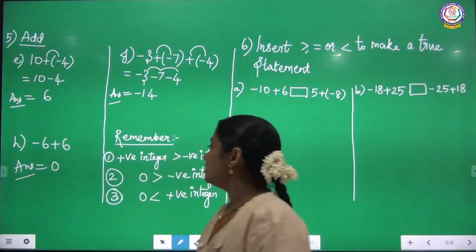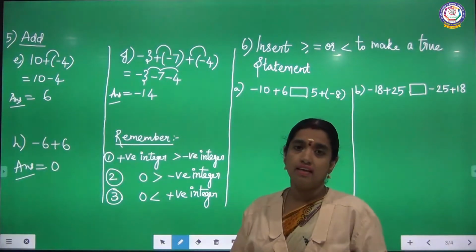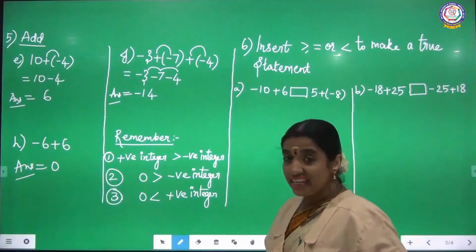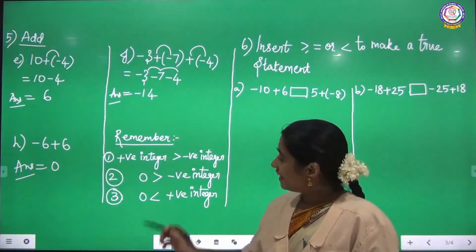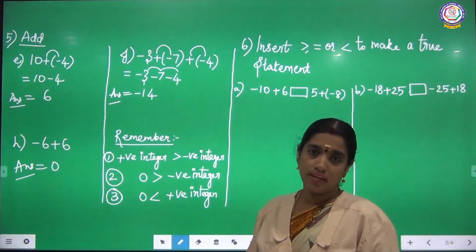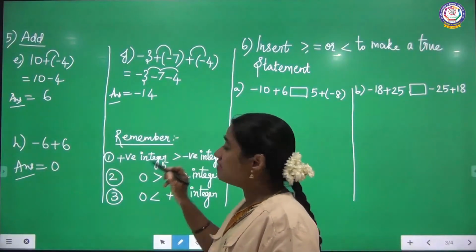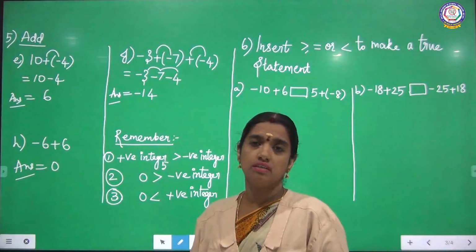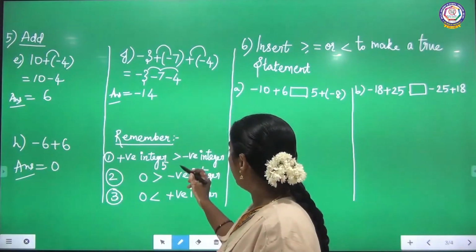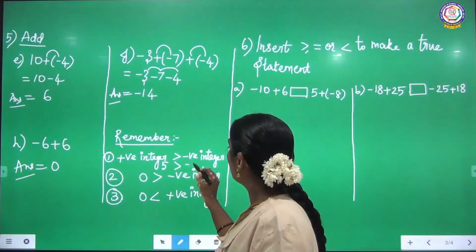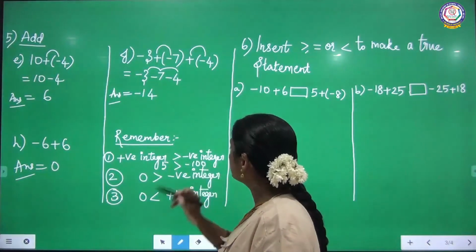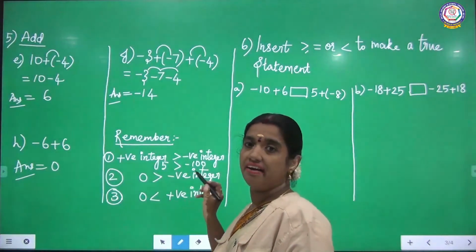Listen children. See, first thing, a positive integer is greater than a negative integer. For example, 5. Is 5 positive or negative? It is positive only. And it is greater than minus 100. See this, minus 100.